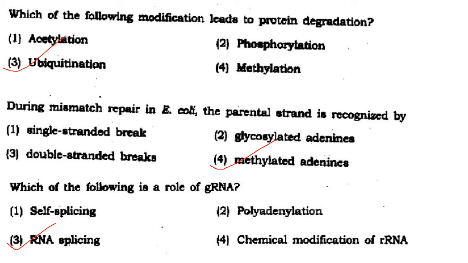During mismatch repair in E. coli, the parental strand is recognized by single-stranded breaks, glycosylated adenines, double-stranded breaks, methylated adenines. Answer is methylated adenines. Which of the following is a role of gRNA? Self-splicing, polyadenylation, RNA splicing, chemical modification of rRNA. Answer is RNA splicing.